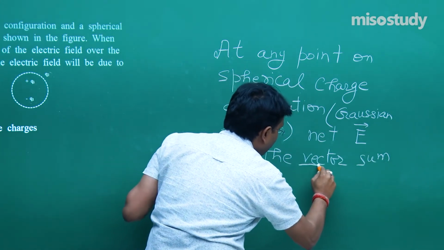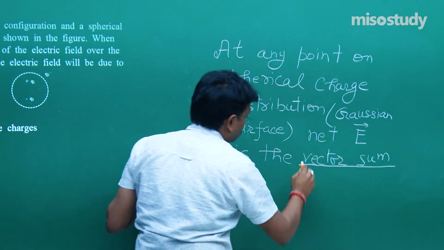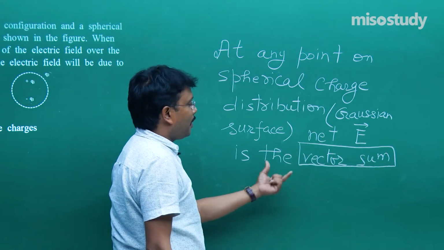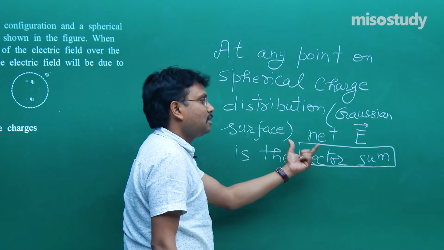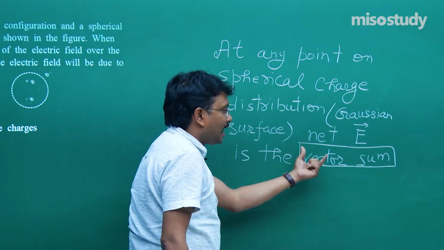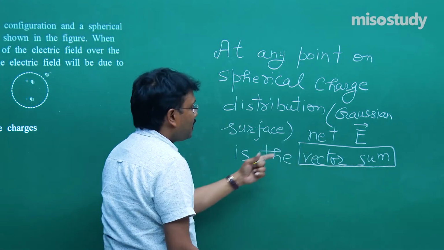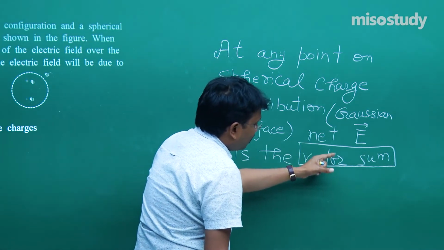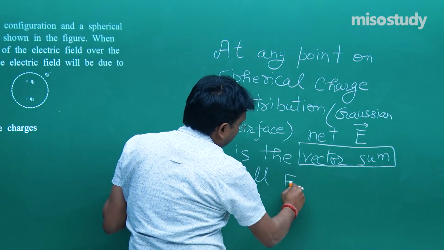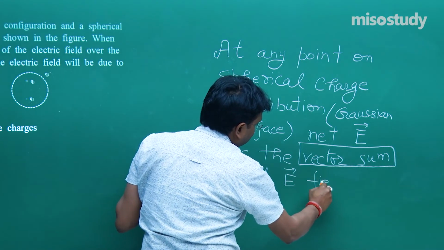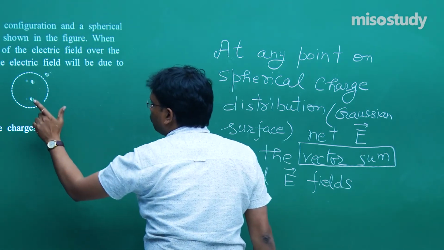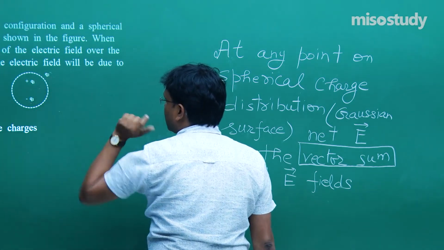This point I was not supposed to write down because that is so simple. You have the better understanding of vector addition and multiplication, but just to give you a feeling of what exactly we are doing, that's why I mentioned this term. Net electric field is the vector sum of all electric fields, that is due to plus Q1, due to minus Q1 and due to charge Q2.